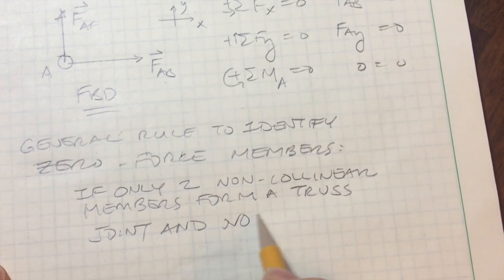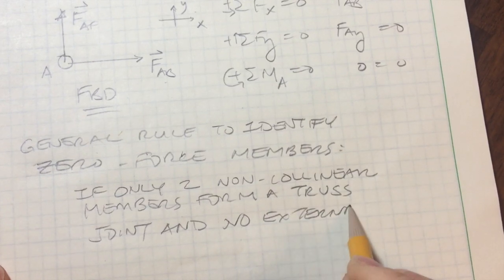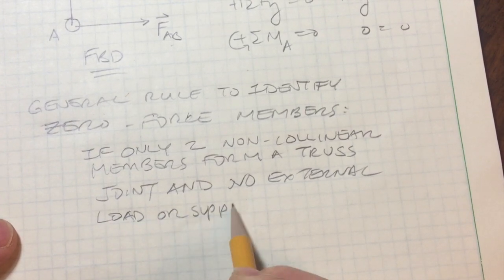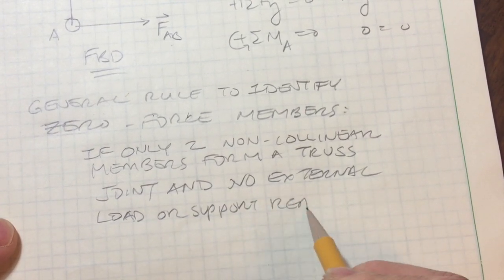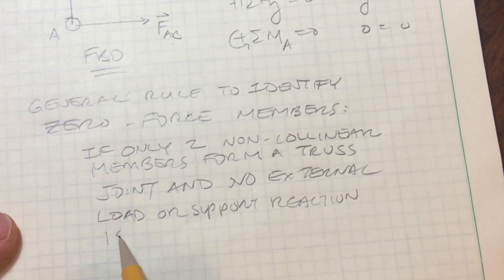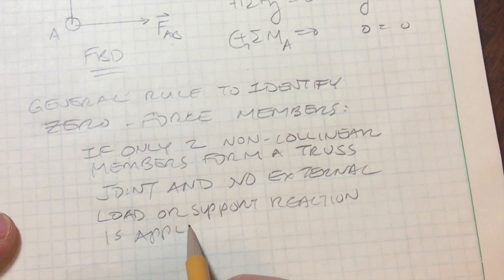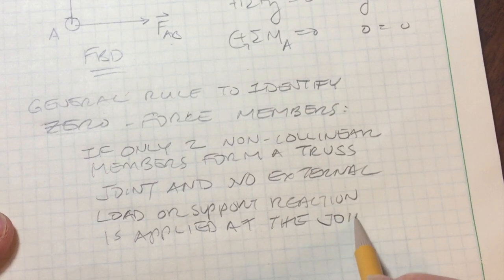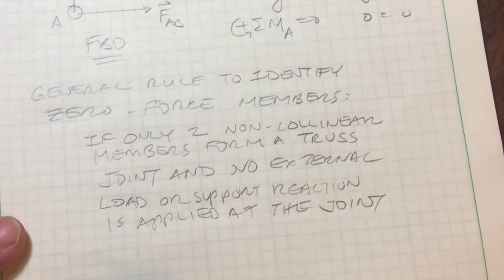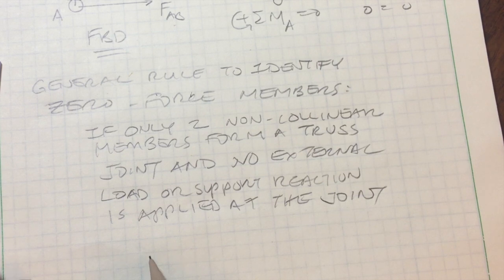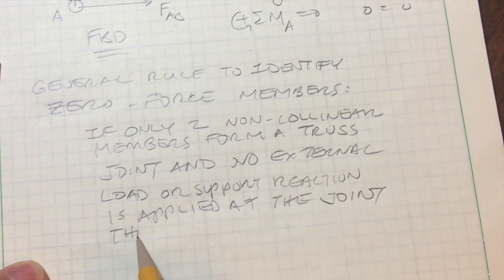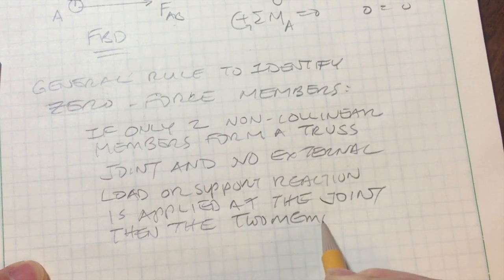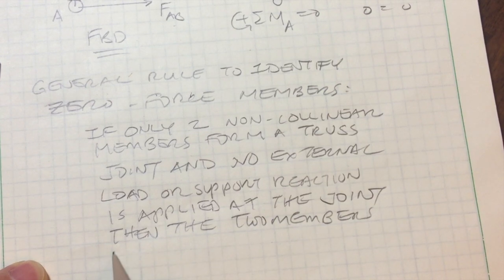and no external load or support reaction is applied at the joint, then the two members must be zero force members.